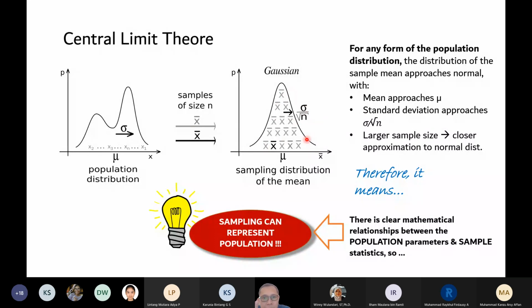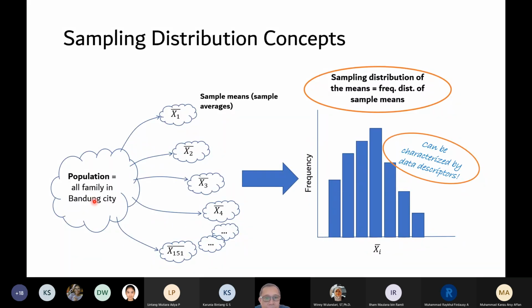This is actually what is being depicted in the previous slide. So it doesn't matter what the shape of the frequency distribution of the original population is. If we collect the sampling distribution, it will approach normal shape, normal distribution. Remember what normal distribution looks like.